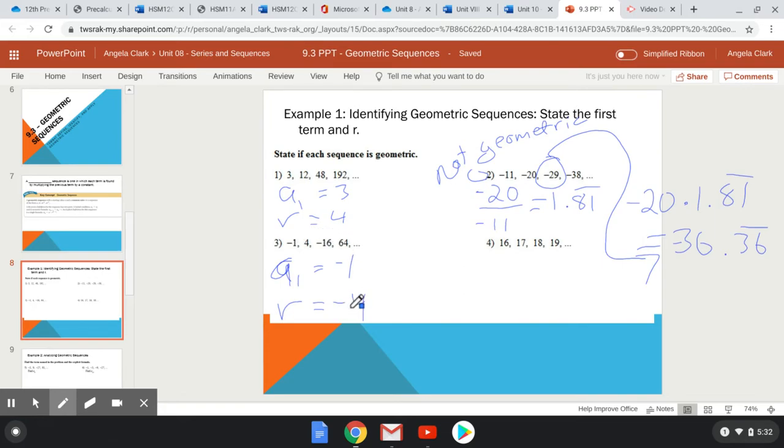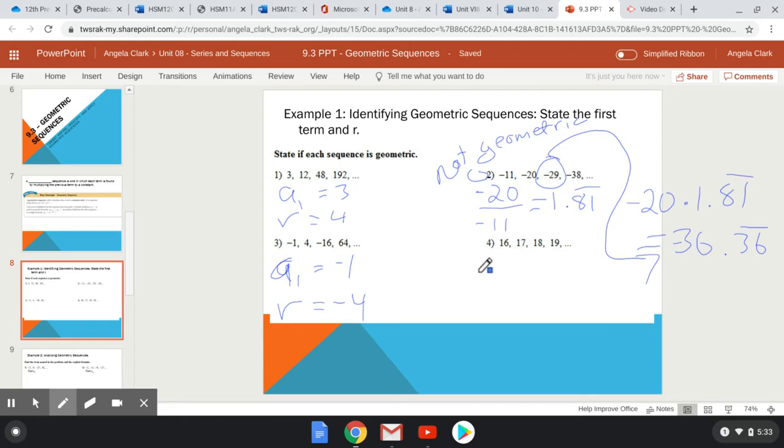If R is positive, then the sign doesn't change. Like here, when it was positive 4, the signs didn't change. But anytime R is negative, it's going to alternate between negative and positive throughout the sequence. So that'll be a hint to you if your R is supposed to be negative.